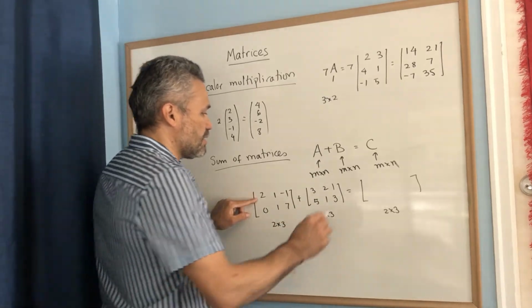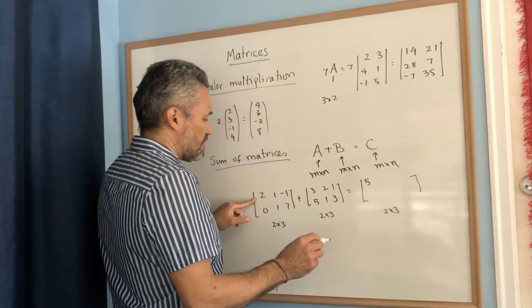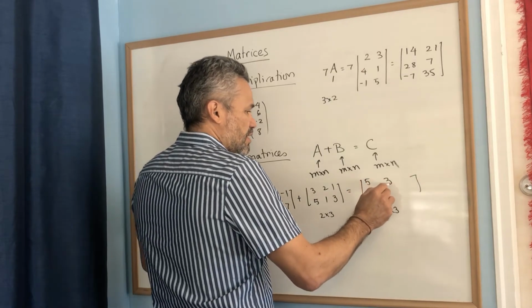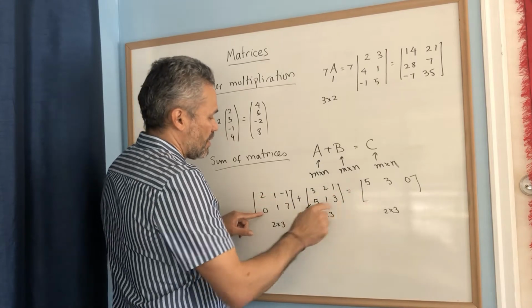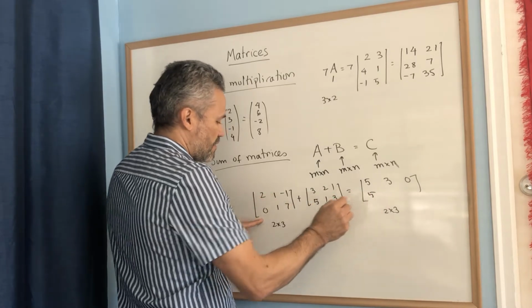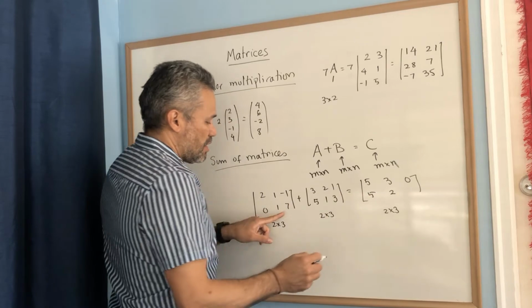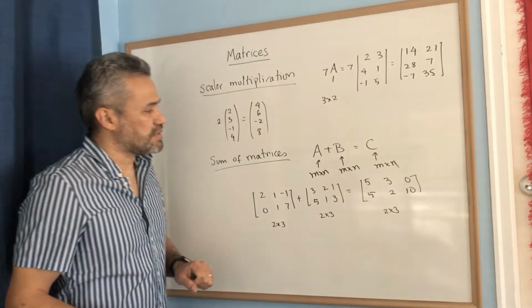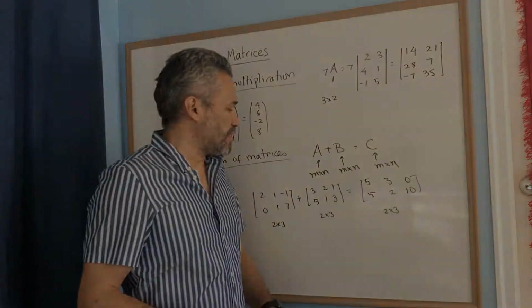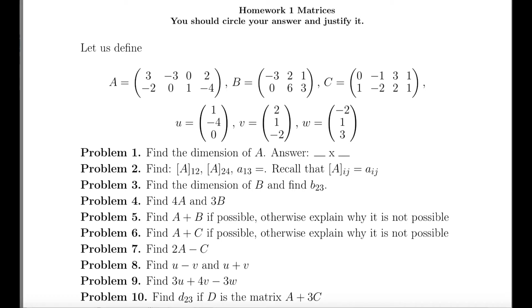And here we will get the matrix 5, 3, 0. I just add entry by entry. Here it will be 5, 1 plus 1 is 2, and 7 plus 3 is 10. This is the sum of two matrices. Please do this homework.